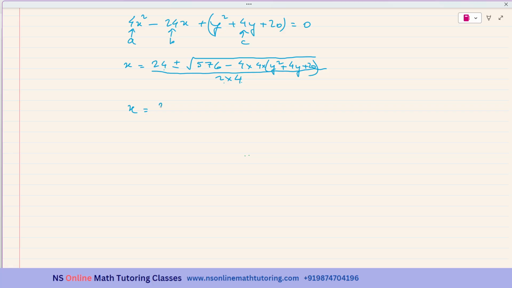24 divided by 8 is 3, and then plus minus, and what about the simplification of the square root part? 4 times 4 is 16, and 576 is 24 times 24. 24 is an even number, so divisible by 2: 2 times 12 is 24, and 12 is 2 times 6, and 6 is 2 times 3.